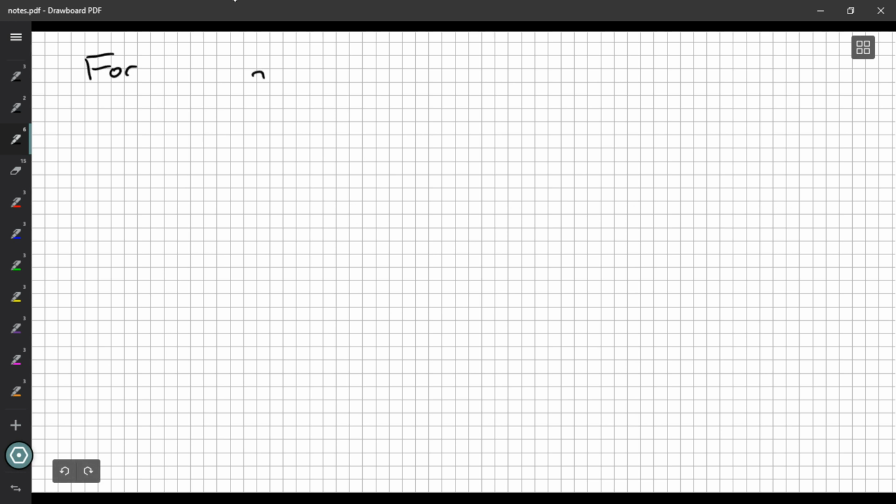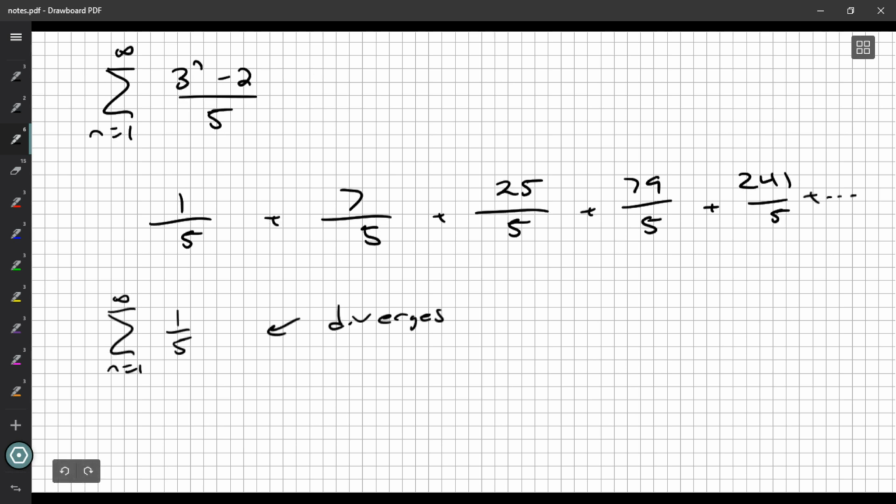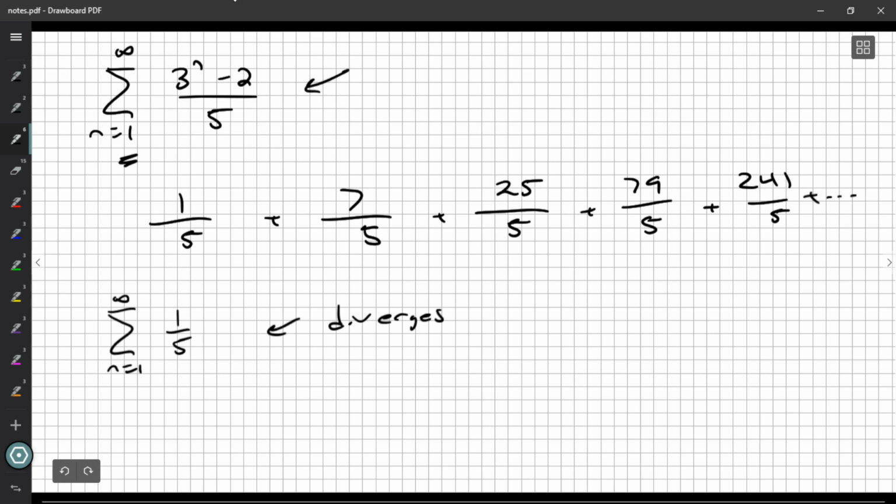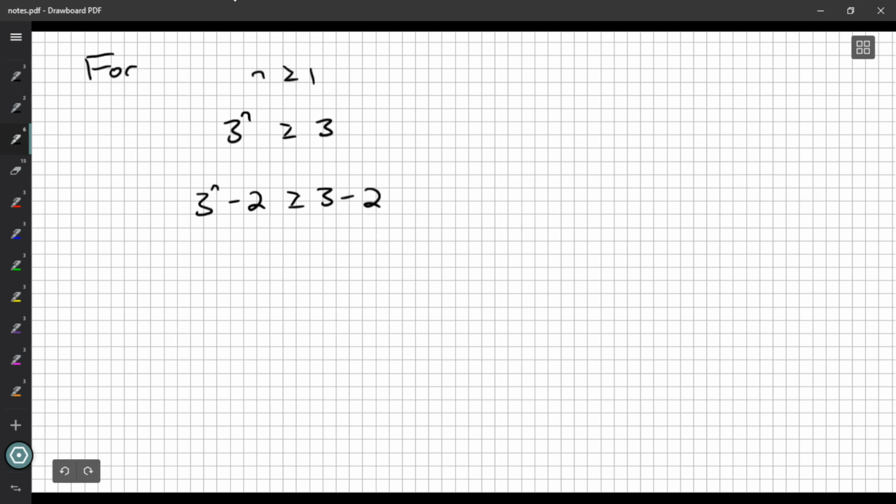So to do this, we have to establish an inequality. For any n greater than or equal to 1, because that's our starting index, we can see 3 to the n is greater than or equal to 3. And so we're just slowly building up the formula for our sequence. So this is 1.